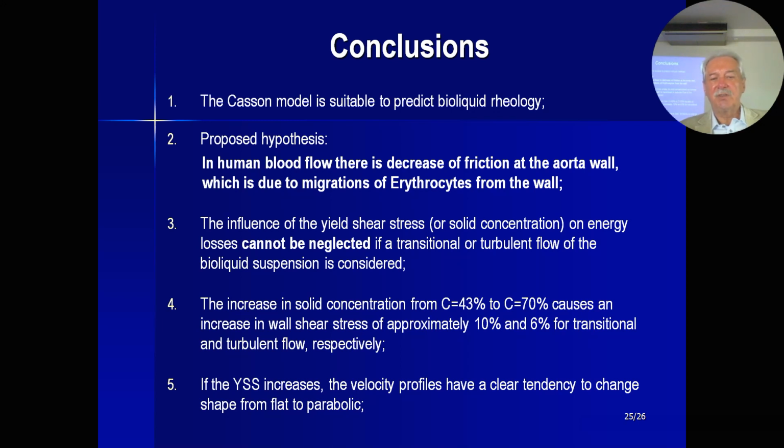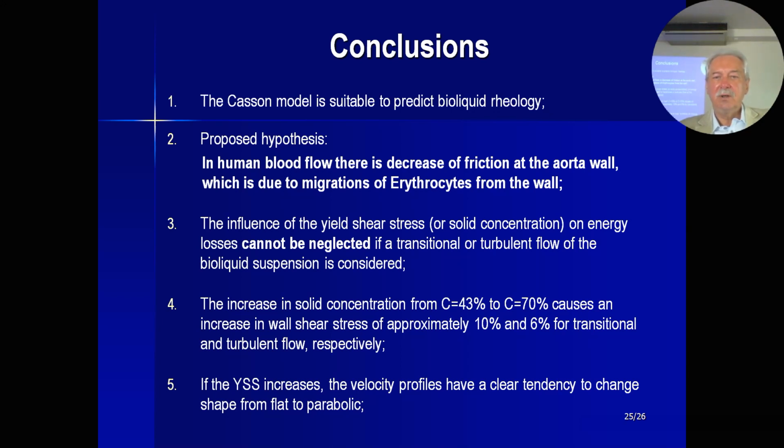If the yield shear stress increases, the velocity profiles have a tendency to change shape from flat, which is due to turbulent flow, to more parabolic, which is due to laminar flow.